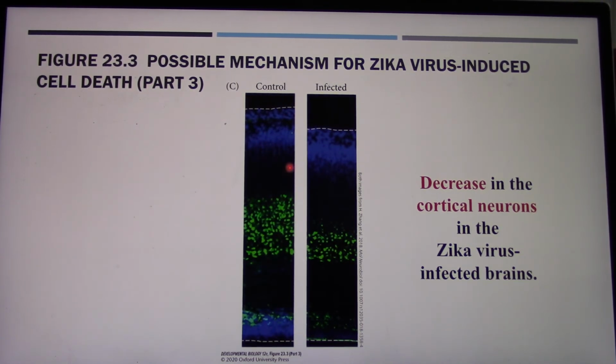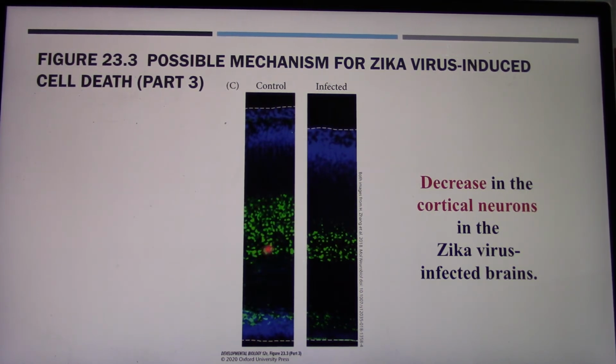Those indicate that we've got a lot of cells in these locations, because each cell has a nucleus that's labeled with blue. In this green section, you can see the number of cortical neurons that you should have. And then you can see in the infected individual the number of cortical neurons that you have.